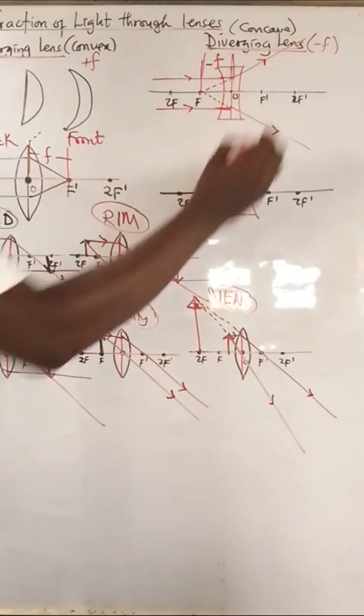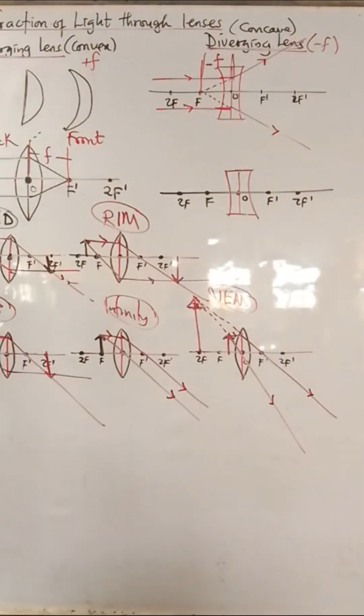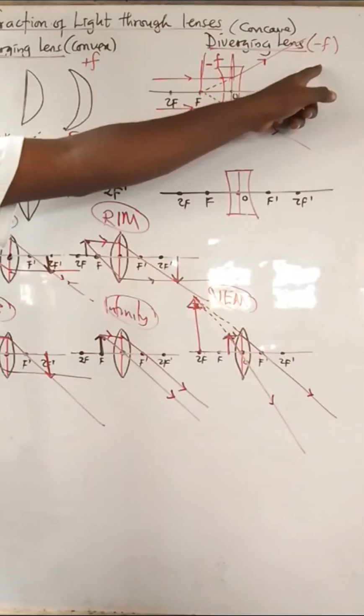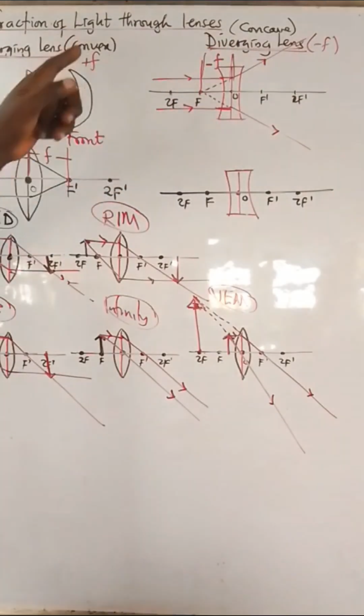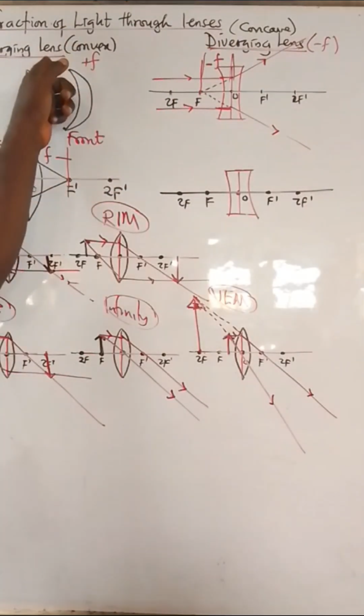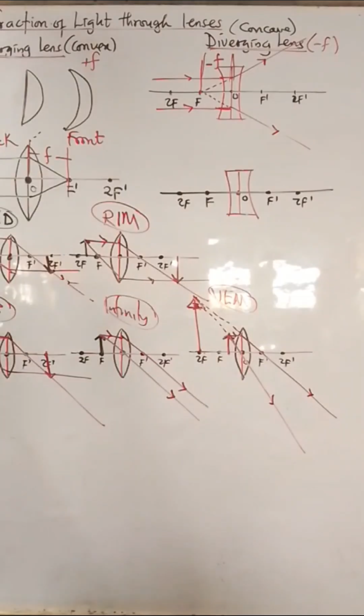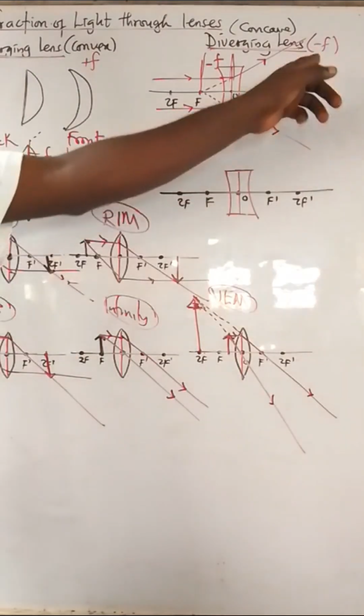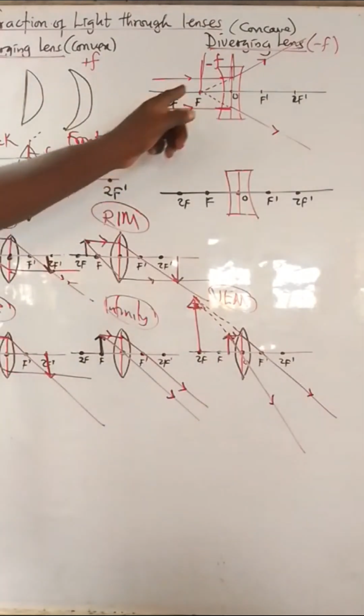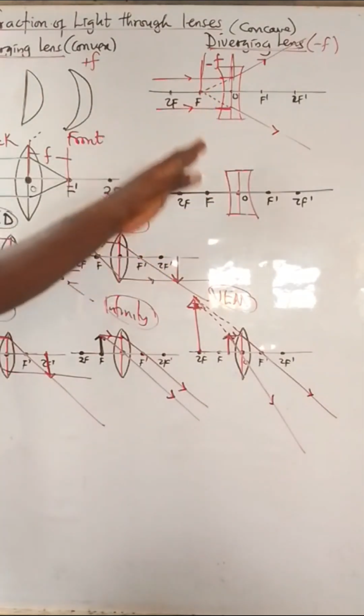So note, the focal length for a diverging lens is what? Minus, it is negative, while for a converging lens it is positive. Same thing: for a converging mirror, F is positive, for a diverging mirror, F is negative. So this is the principal focus.